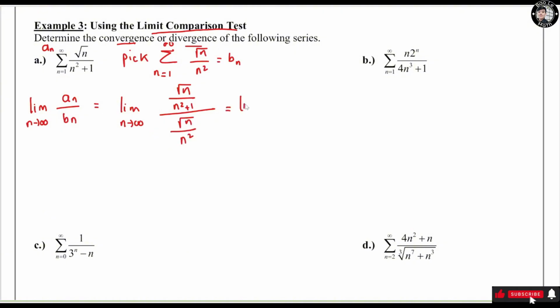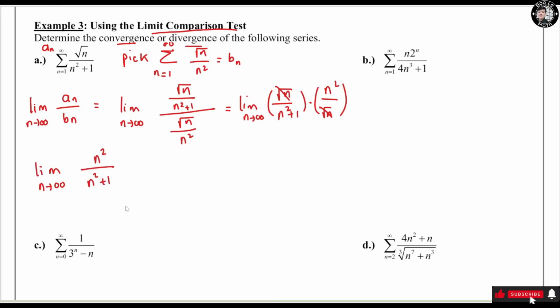So it's going to be the limit when n approaches infinity. When this is divided by this, you multiply by its reciprocal. So it could be square root of n over n squared plus 1, times n squared over square root of n. Now this cancels out, so you have the limit when n approaches infinity of n squared over n squared plus 1.